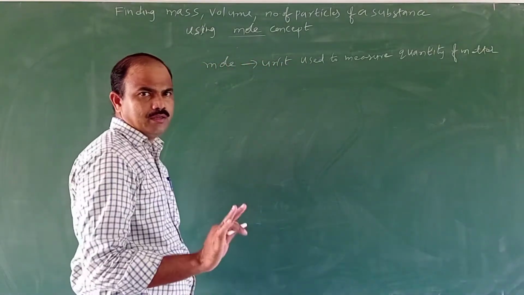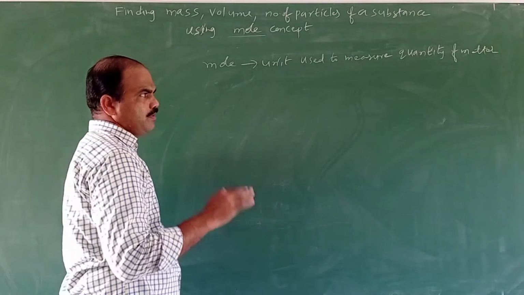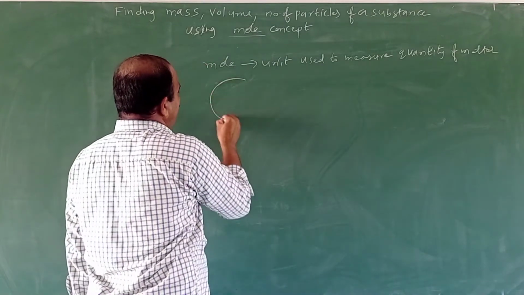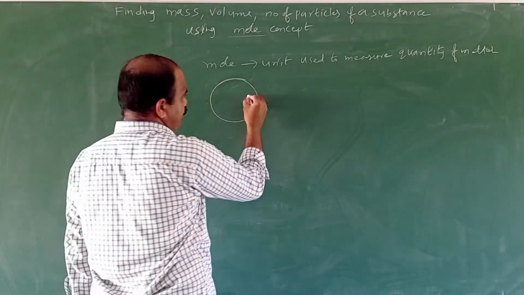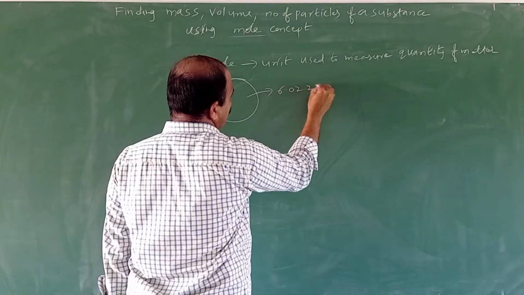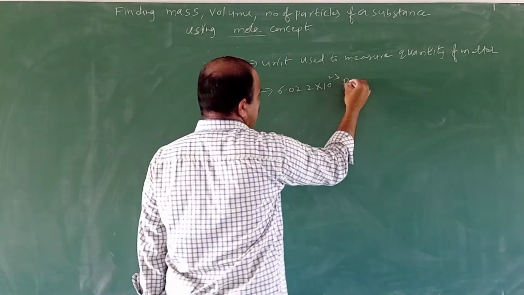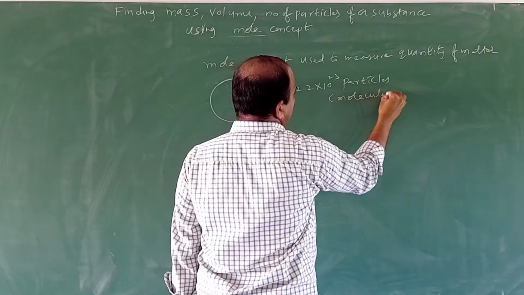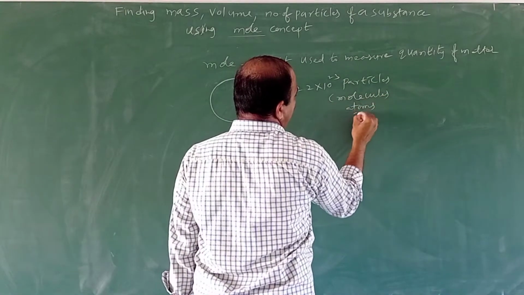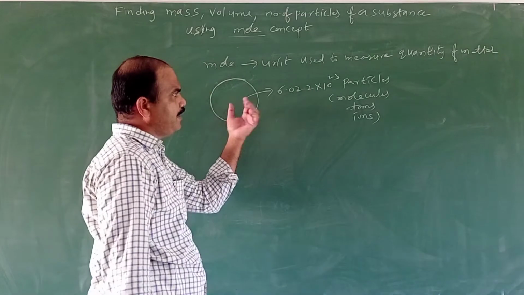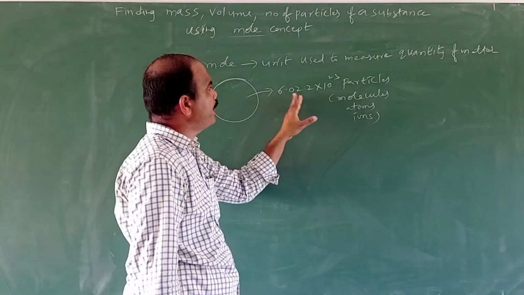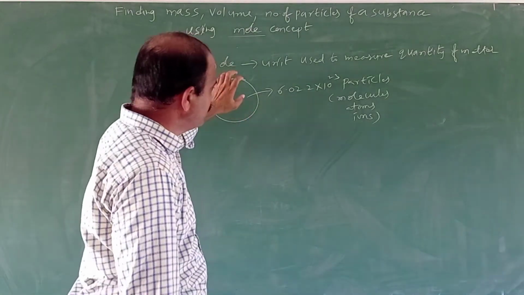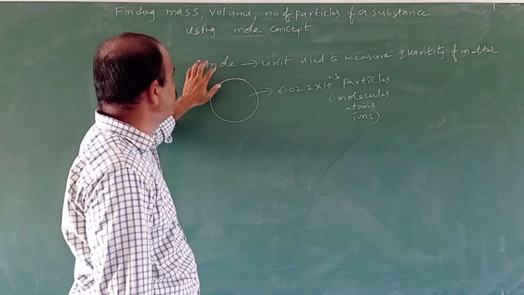Matter may be solid, liquid or gas, which occupies some space and has some mass. If this matter contains 6.022 × 10^23 particles, where the particles may be molecules, atoms or ions, then we say this matter quantity is 1 mole.